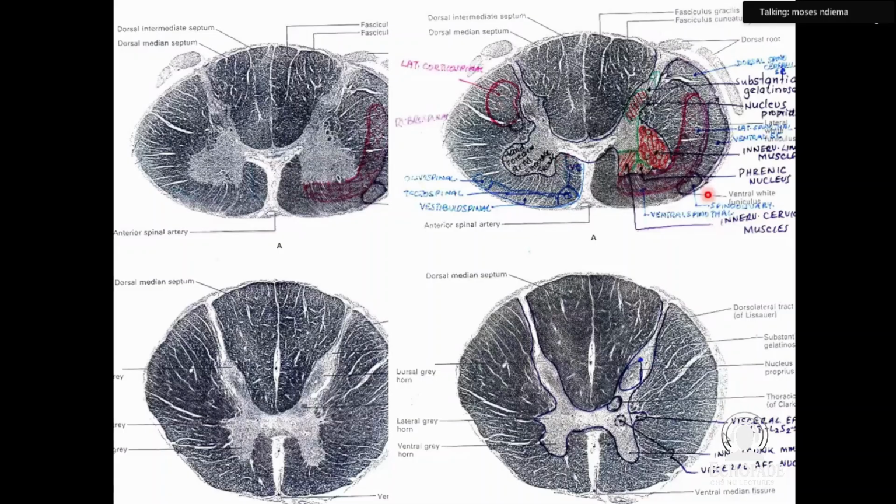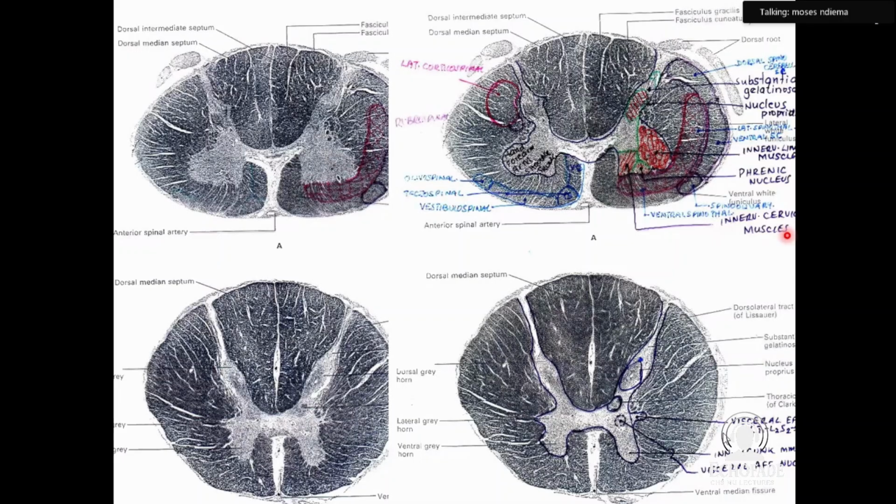And then here we have, for example, the vestibulospinal tract and the spinothalamic tract, to the thalamus, the lateral spinothalamic tract, and so on. These ones are from the spinal cord to the thalamus.